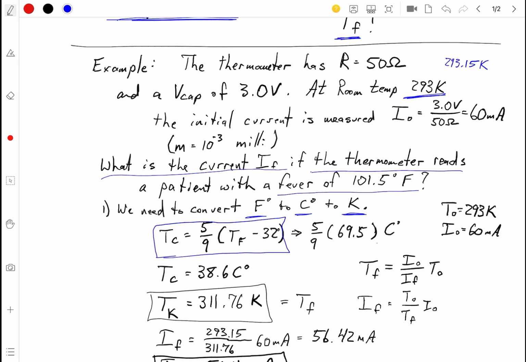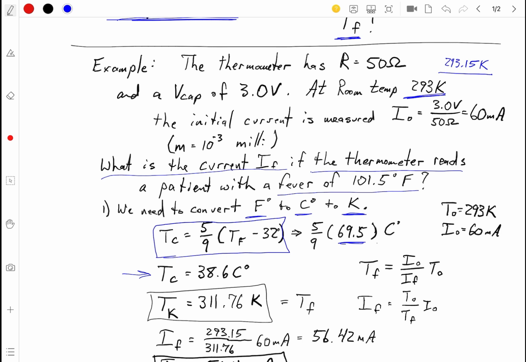101.5 minus 32 is going to give us our 69.5. We're going to multiply that by 5/9, and that's going to give us our Celsius degrees of 38.6. You guys know how to convert. We're going to add our 273.15.